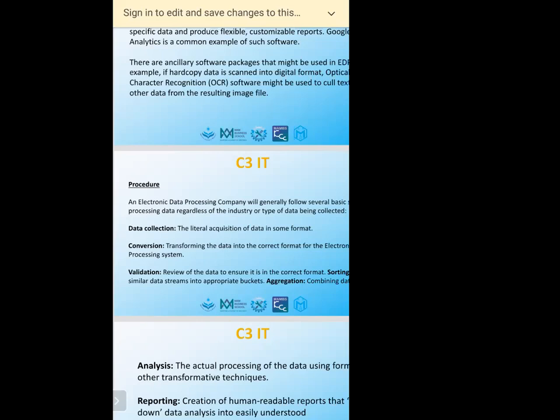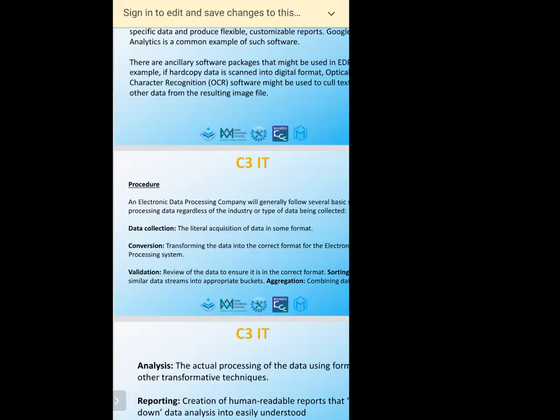The next one is validation. What do you mean by validation? Accuracy, allowing a certain range of data. While entering a person's age, you have to enter a proper age.